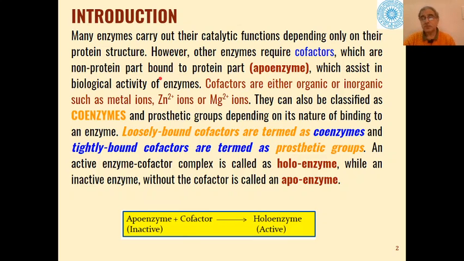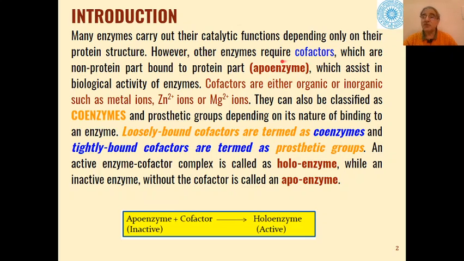coenzymes. As I have told you in the previous lectures, many enzymes carry out their catalytic functions depending only on their protein structure. However, there are some classes of enzymes which require an additional part which must be bound to the protein part, that is called cofactors.